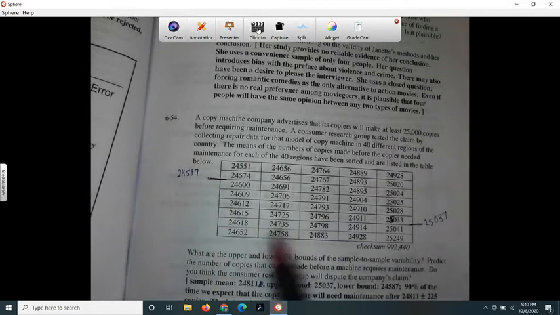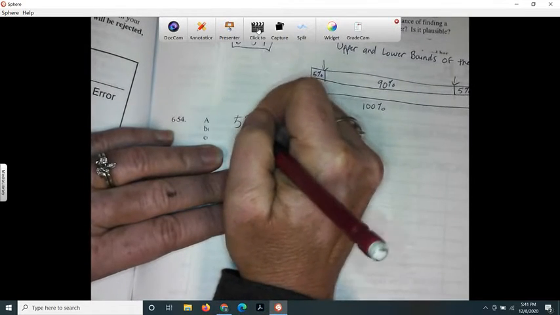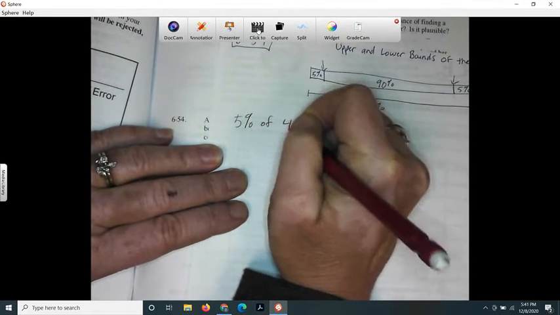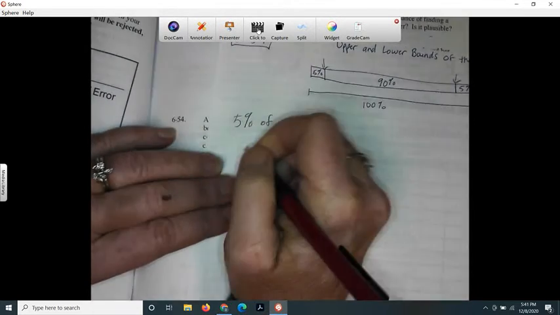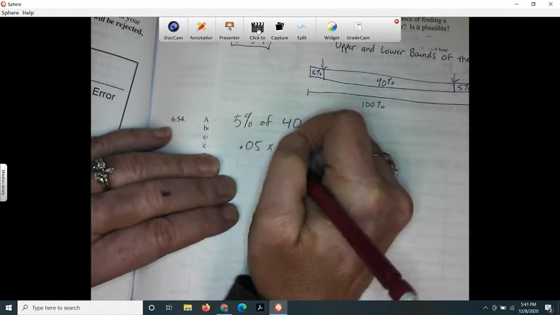There's 40 numbers. I want to know what 5% of 40 is, because that's where I want to get my bounds. I need my lower bounds and my upper bounds. So how can I find out what 5% of 40 is? I need 5% of the 40 numbers. So I can say that's 0.05 times 40.